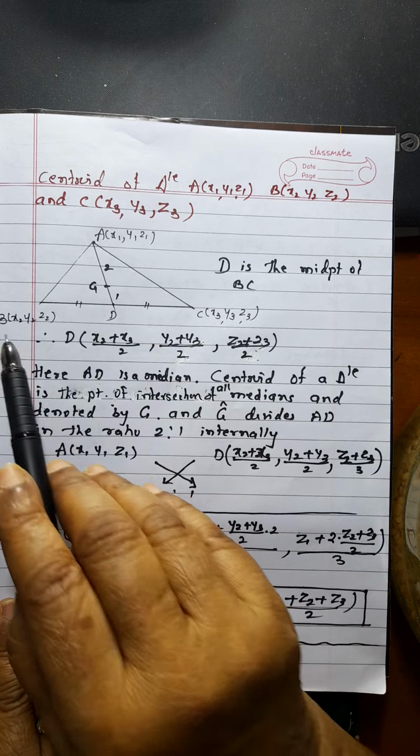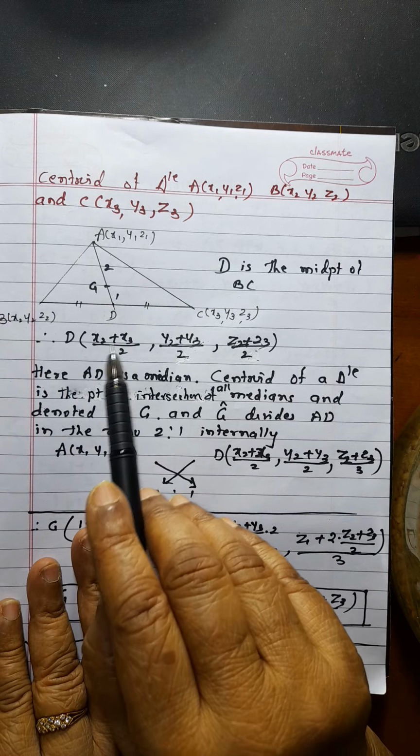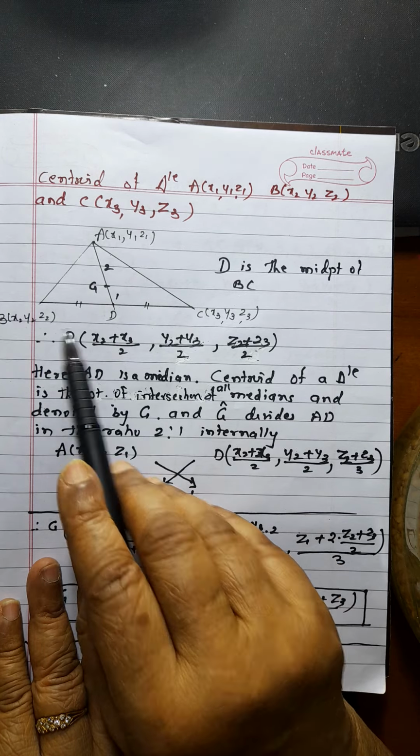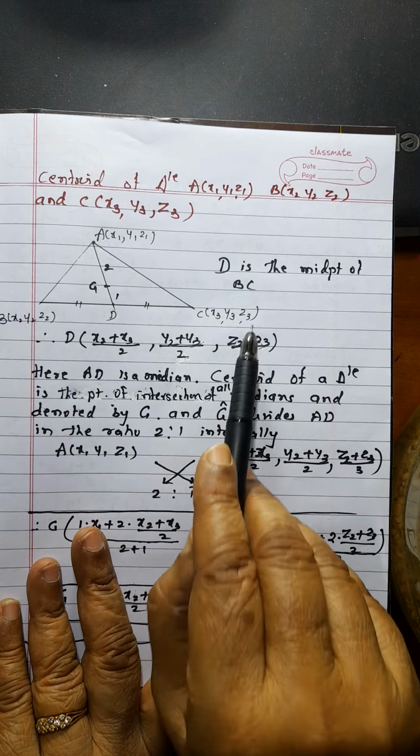And usually this centroid divides the median in the ratio 2:1, where this is the vertex and this is the opposite side. So we have to find the coordinates of G. D is the midpoint of BC. So D will be (x2 plus x3) upon 2, (y2 plus y3) upon 2, (z2 plus z3) upon 2.